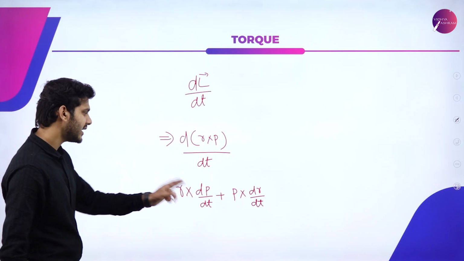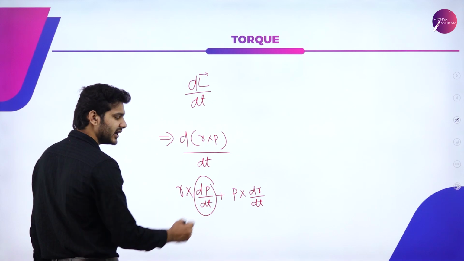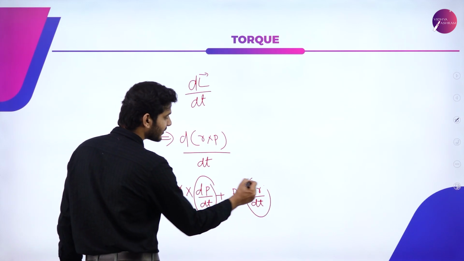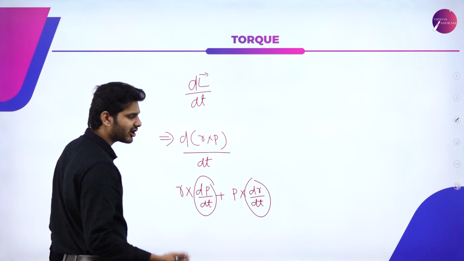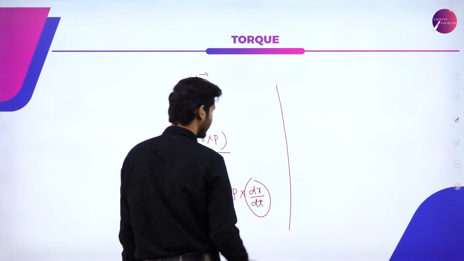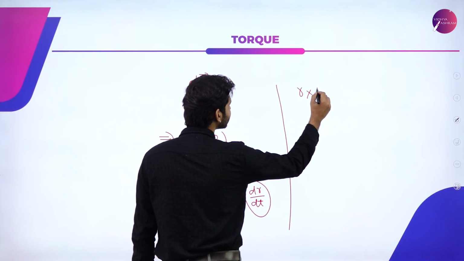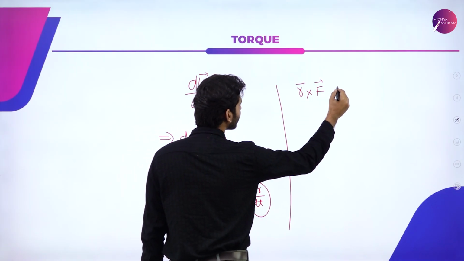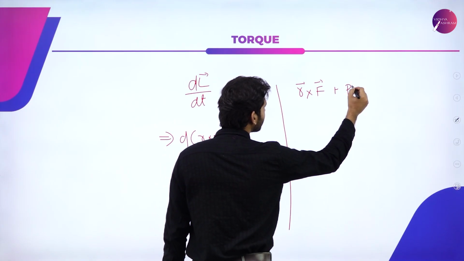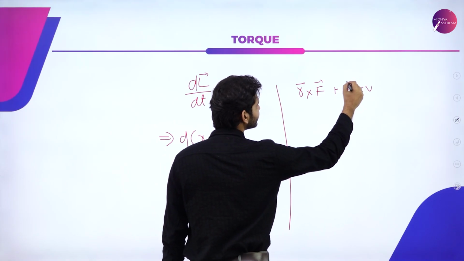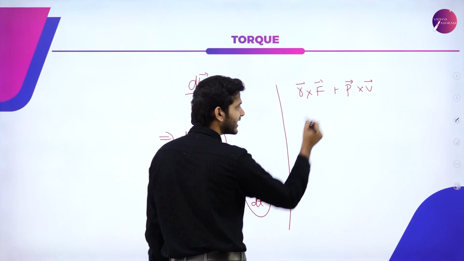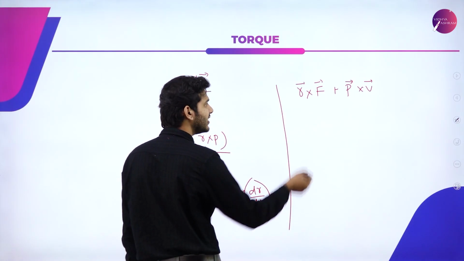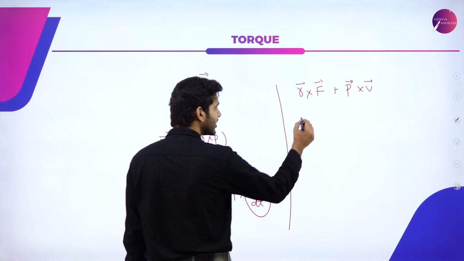Again, we know that dp by dt is nothing but F and dr by dt is nothing but velocity. So we can write r cross F plus p cross v, and p is nothing but mv. r cross F is nothing but tau.